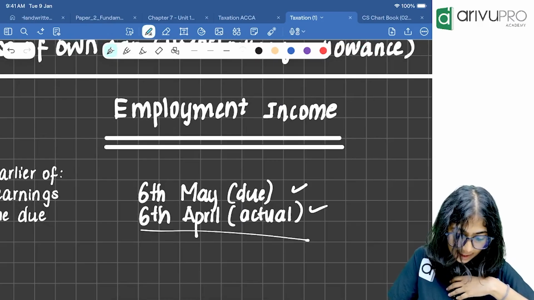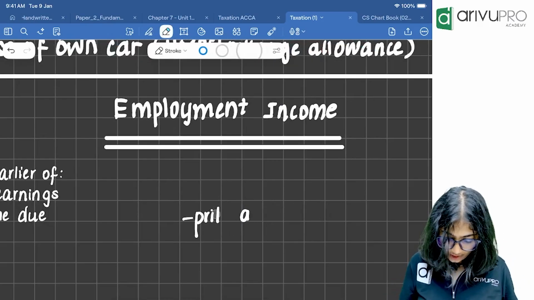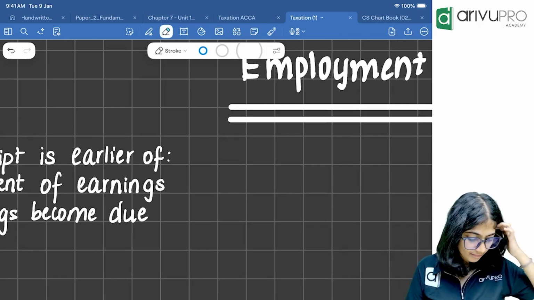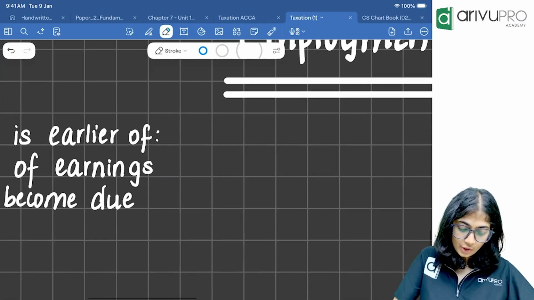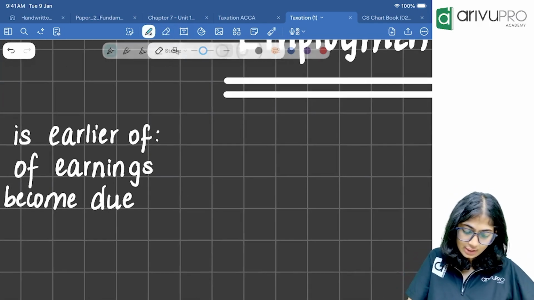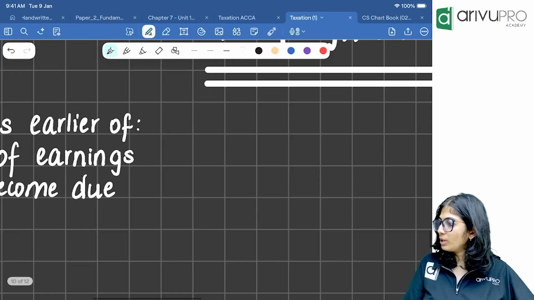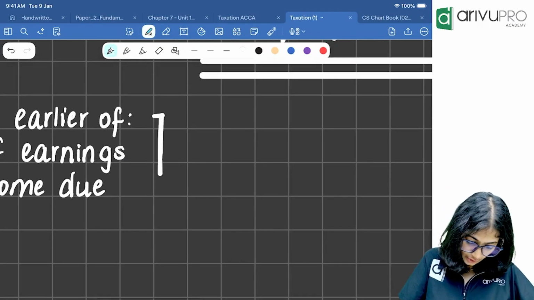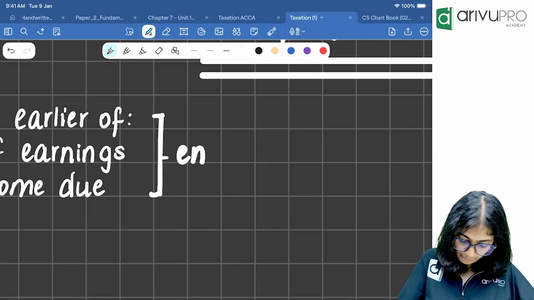Alright, this part is important. Now, another thing that you need to remember is that this is for normal employees, people who are working as proper employees in the organization. So let's just write, this is for employees.